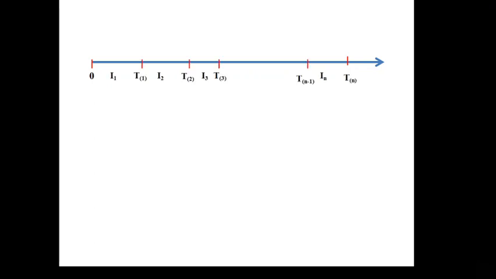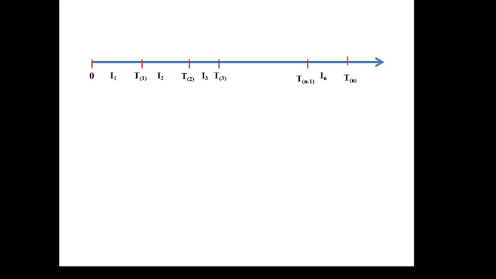So this entire interval will be divided by considering t bracketed 1, t bracketed 2, t bracketed 3 and so on up to t bracketed n as the threshold points. Accordingly there will be n sub-intervals. If we have n observations, then there will be correspondingly n sub-intervals. These sub-intervals will be denoted by I1, I2, I3 up to In.